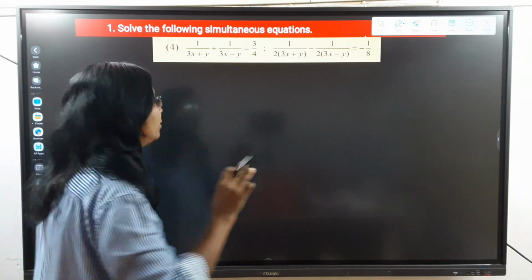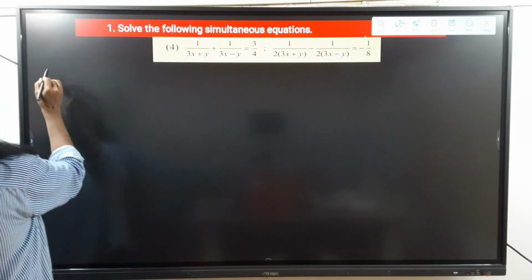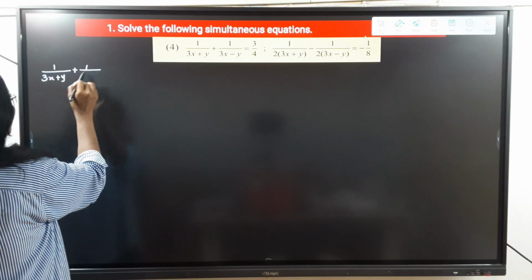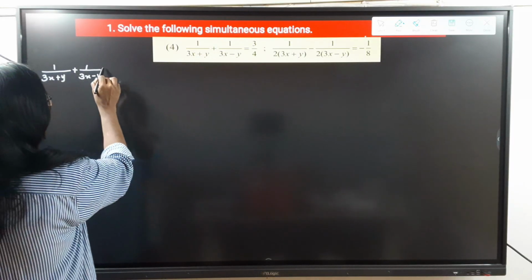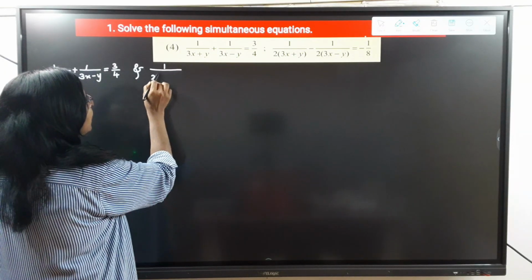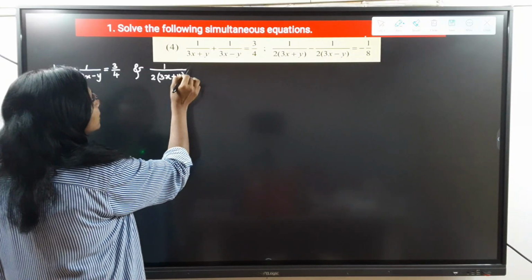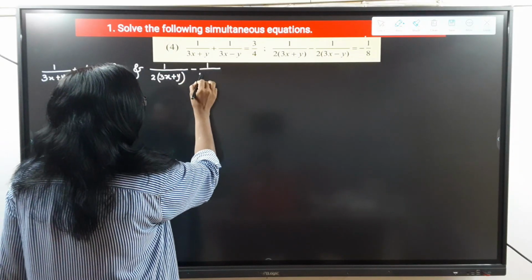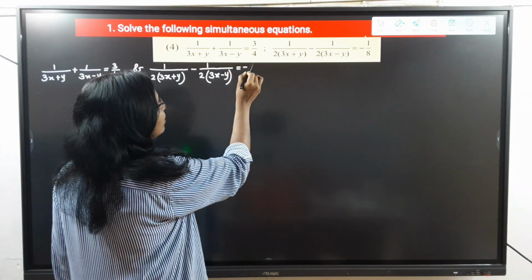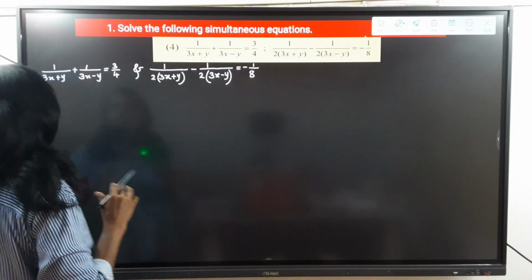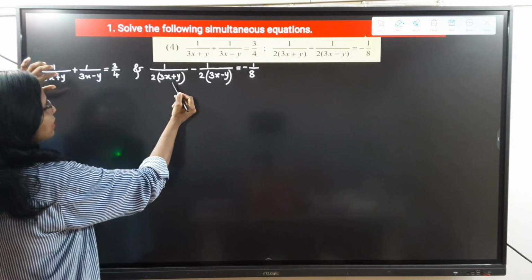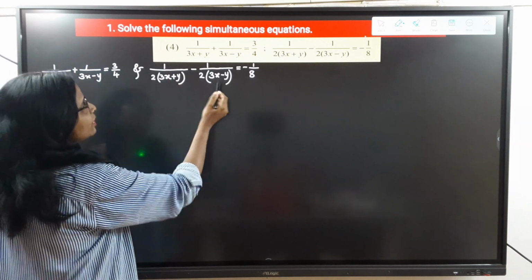Now here students, first I write down these equations as they are. Now I simplify, though it is already simplified. Here is 1 upon 3x plus y, and here is 1 upon 3x minus y.